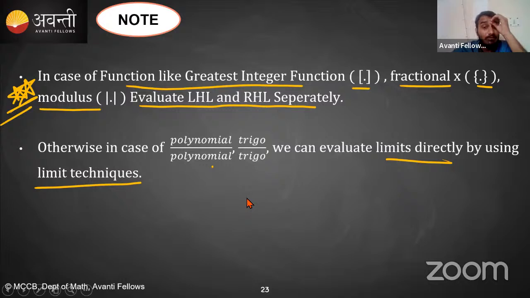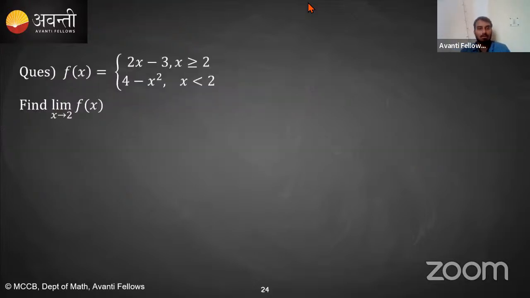Is this clear, everyone? Any doubt so far? I hope this is clear now. If it is clear, let's solve this question now. First of all, this is a polynomial function, right?